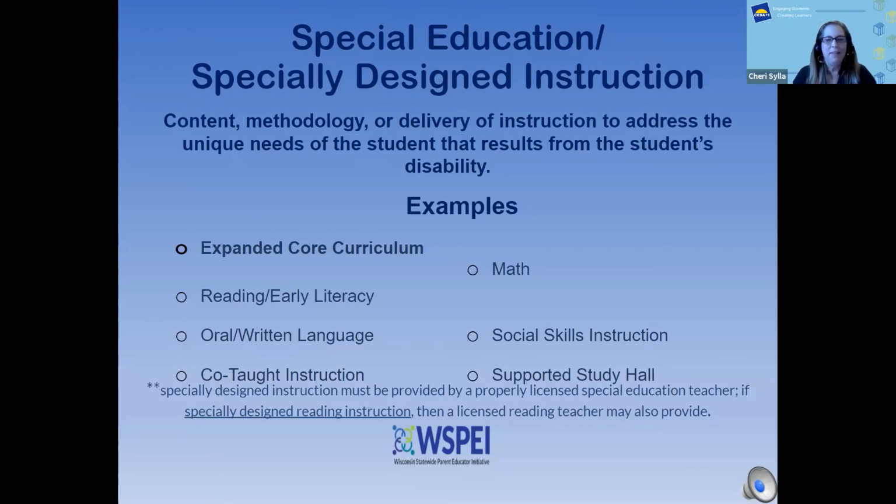So under specially designed instruction, an example that I have there is just ECC skills instruction. That expanded core curriculum is commonly abbreviated as ECC. So your TVI might see your student once a week, twice a week. It depends. Again, when we talk about what their needs are at this time, they're not traveling to Florida, but they might be traveling in high school.